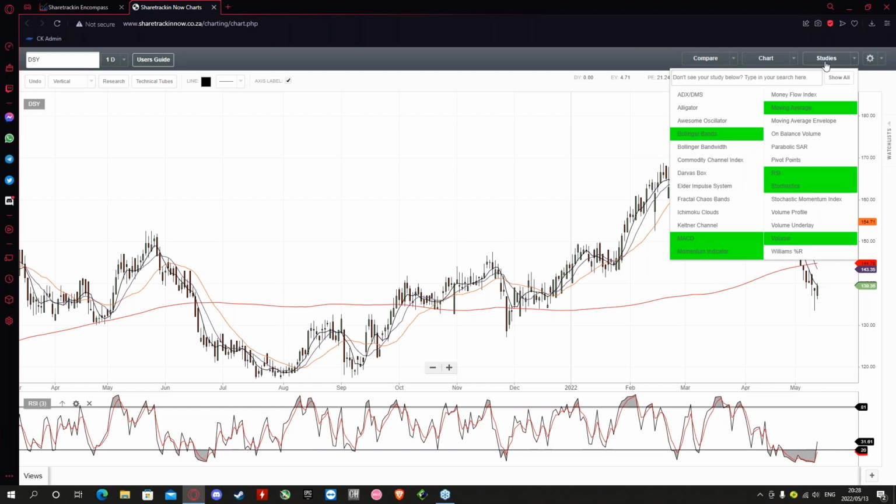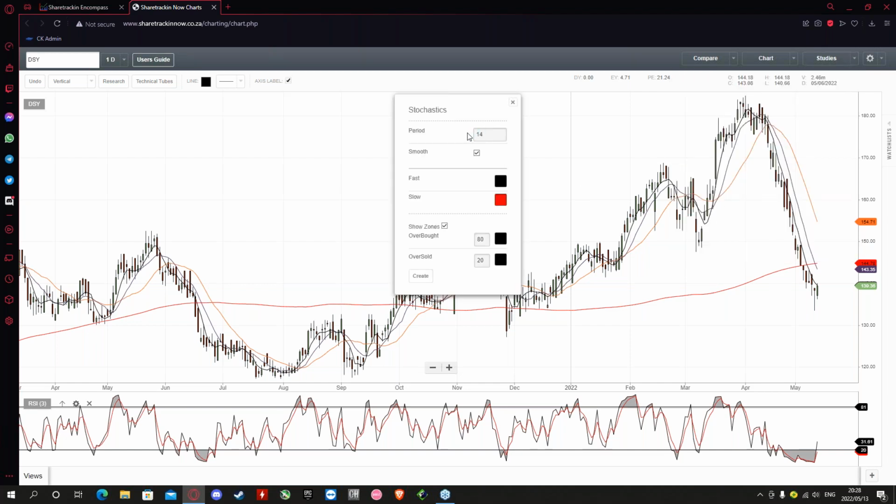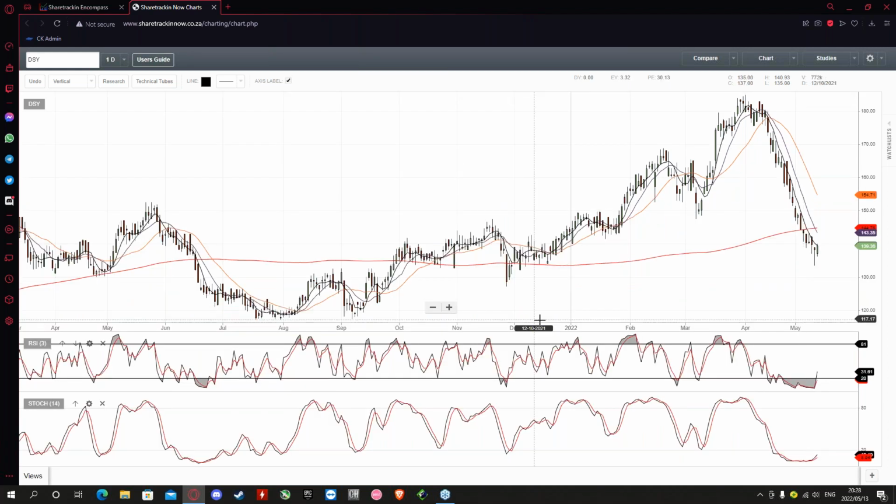Now the stochastic works more or less the same, but it already has a red line in it. You don't really need to change anything in the stochastic. It's already a 14-day, but a 14-day stochastic is easier to read than a 14-day RSI. So we can just say create, and it's going to create the 14-day stochastic for us. Okay, now same principle applies.